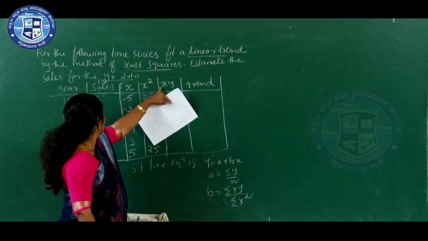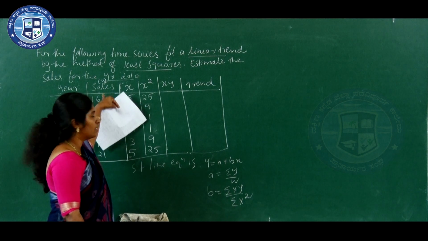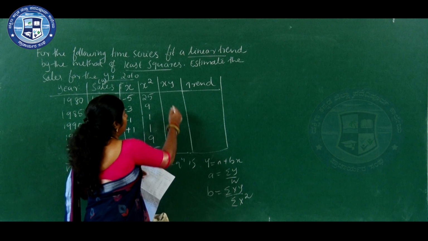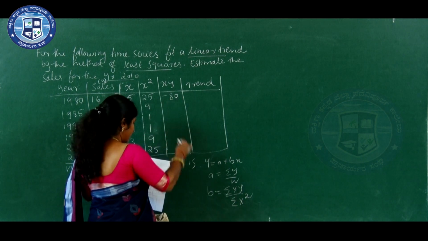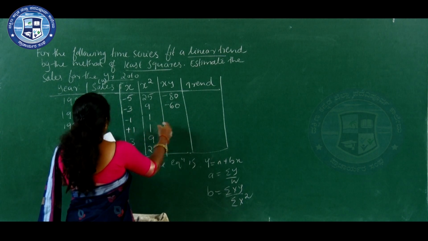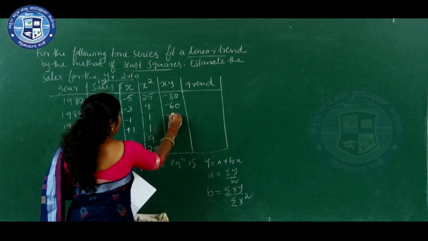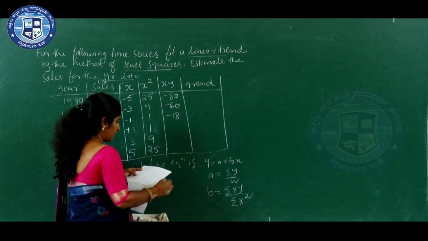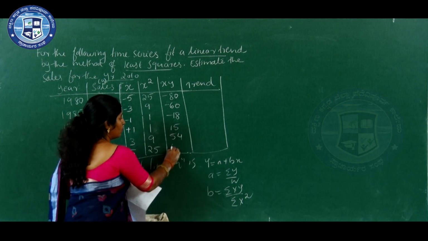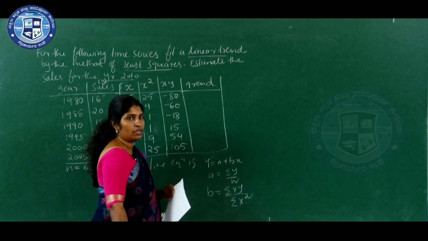The values are minus 80, minus 60, minus 18, then 15, 54 and 105.